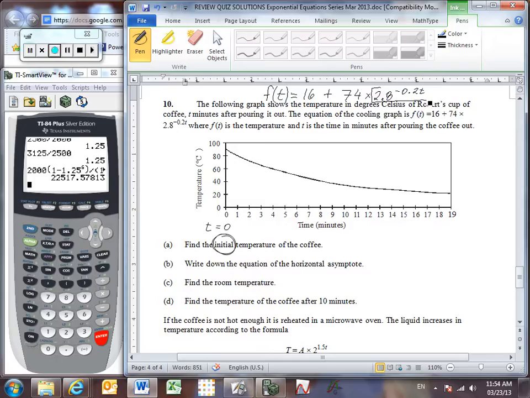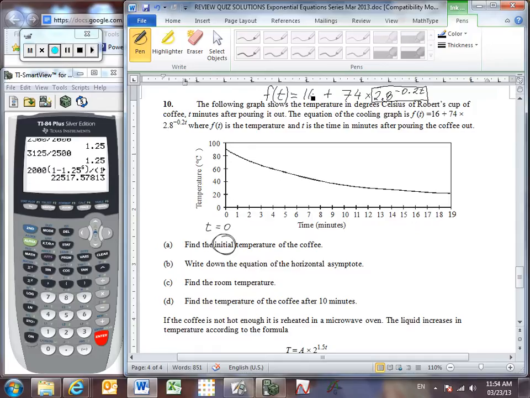I've got a base and a power, and the coefficient in front of this power represents our normal y-intercept. So usually our intercept would be at 74. However, the plus 16 means that we have moved upwards by an additional 16 units. 74 plus 16 gives us 90.